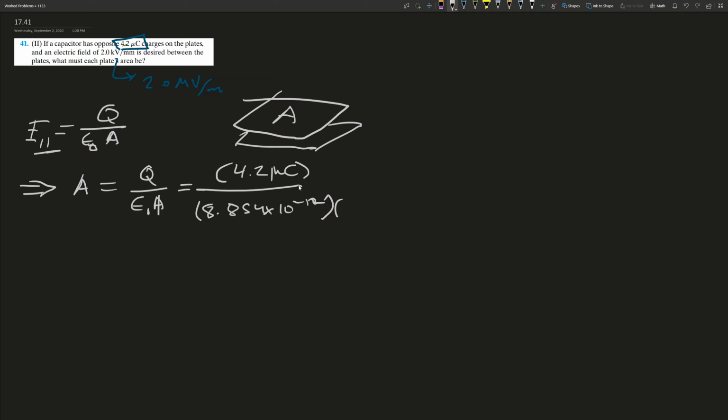I meant to write E here. The electric field that we desire is 2.0 times 10 to the 6 volts per meter. And this works out to an area of 0.23 something meters squared, so if we're rounding to two significant figures, it's 0.24 meters squared.